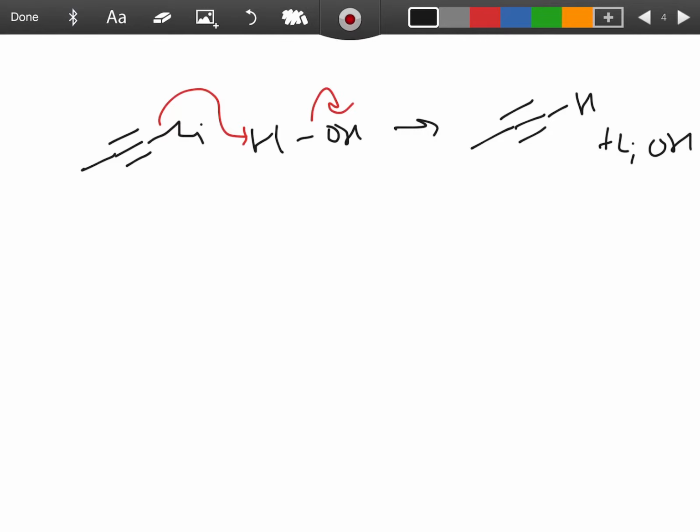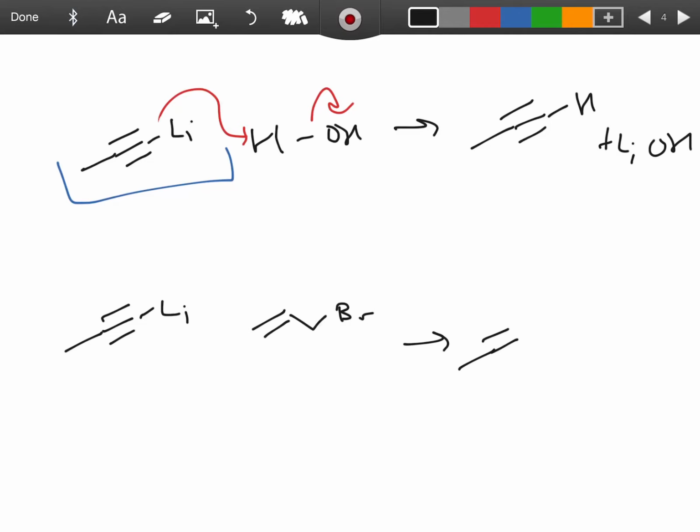What's nice is when we generate a lithium acetylide, it doesn't matter what we quench the acetylide with. So, right, we learned in Organic 1 that if you have a lithium acetylide, you can add a halide to it, right? And do an SN2 reaction and make a bond, right?